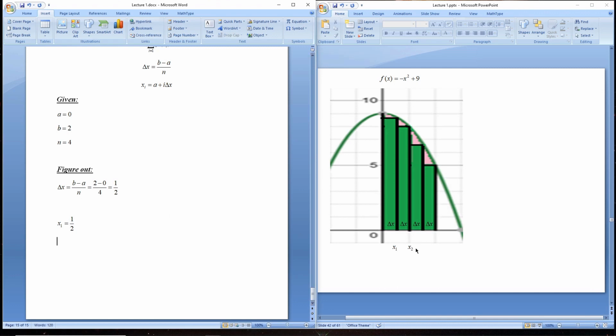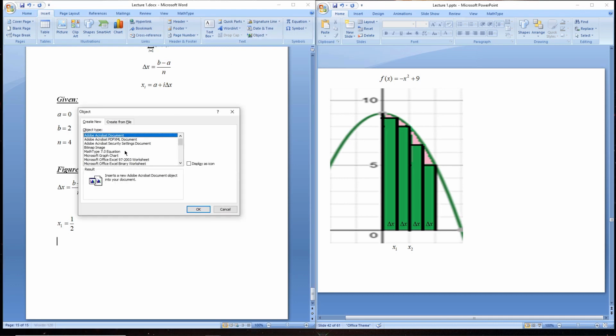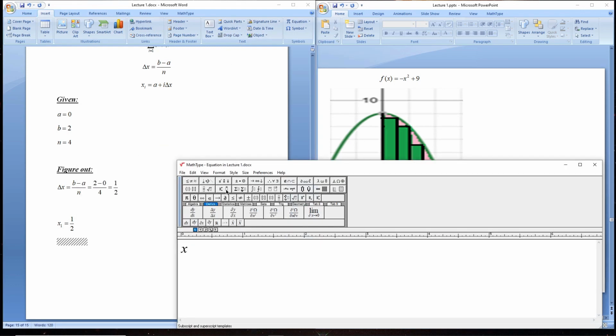Let's go on to the second position over here. This is where the second rectangle starts. Now remember, these are left rectangles, so we start at x2, go up to the function, and draw to the left to get us our left rectangle. And let's figure out what that x2 value is. So we have x sub 2. Now we know this equals, again, looking at our general form, our x sub i's, a plus i delta x. We know a is 0 plus i.